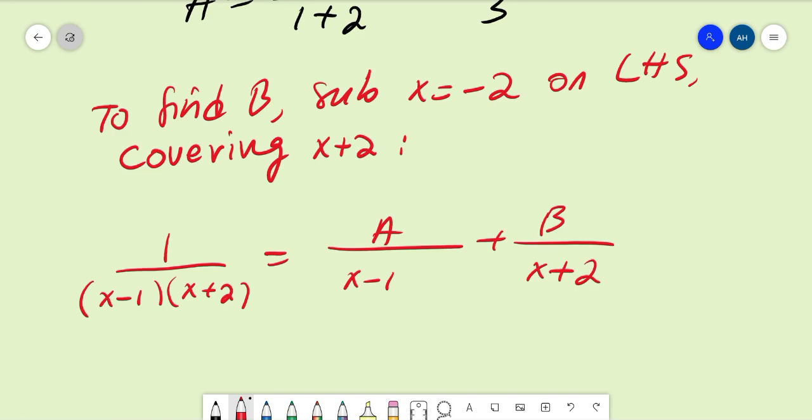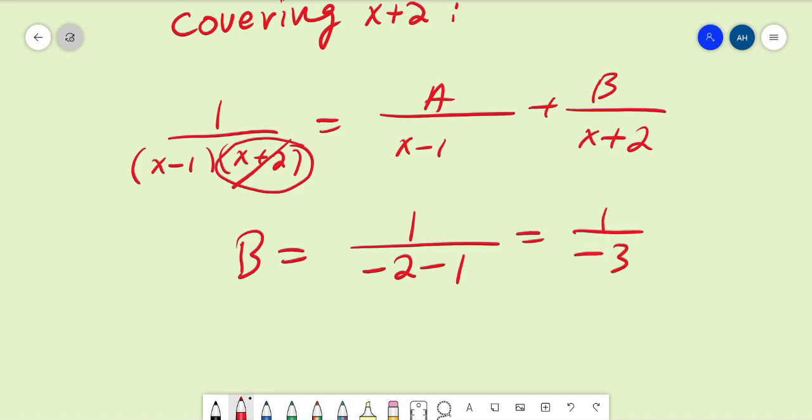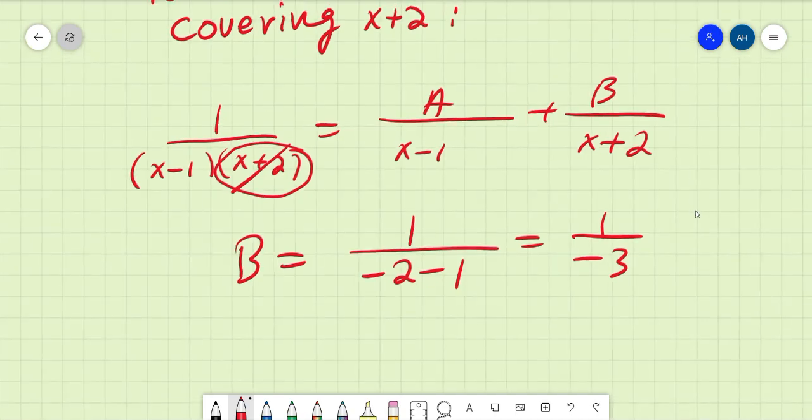Now, to find b, we cover, or as if we cancel, x plus 2, and substitute on the left hand side x equal to negative 2. So we will get our answer for b. So b will be equal to 1 over, we have x minus 1, when we substitute x equal to negative 2, negative 2 minus 1, we have 1 over negative 3. So that's the value for b, that is negative 1 over 3.